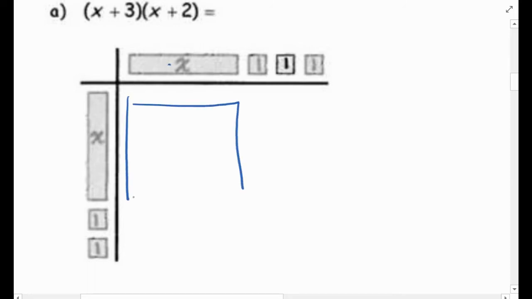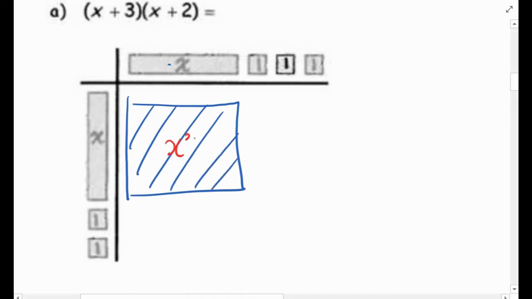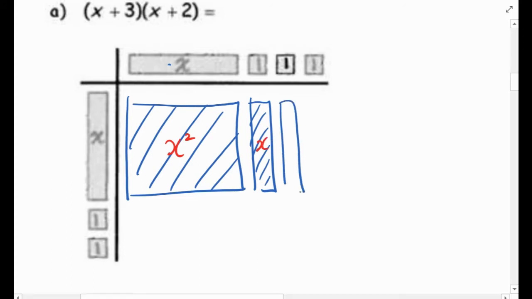It becomes x squared. Okay, and x and 1. It becomes just x. X and 1 again. X and 1 again.